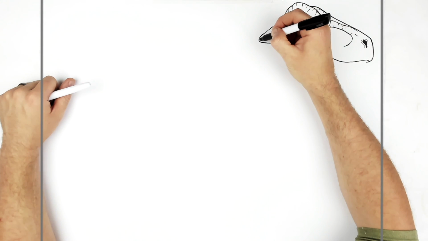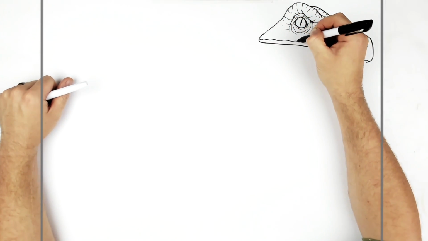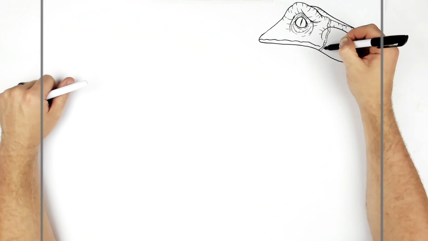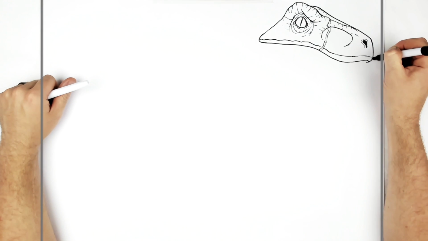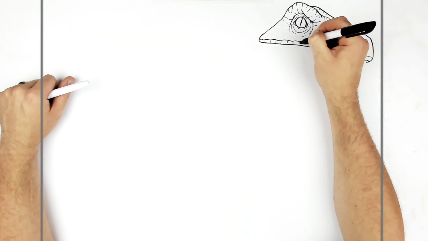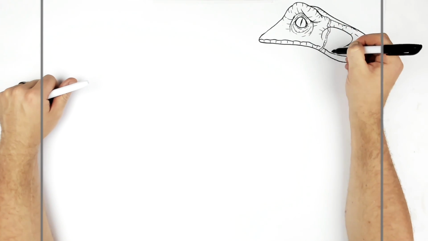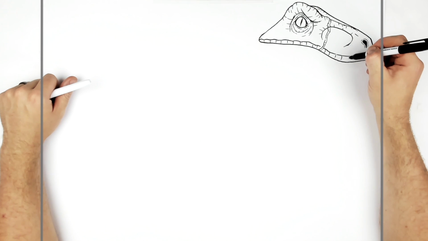So then the top lip, we have this top lip bumping line coming across here. Curves around like that, and this will be broken up into these scaly lines like so.